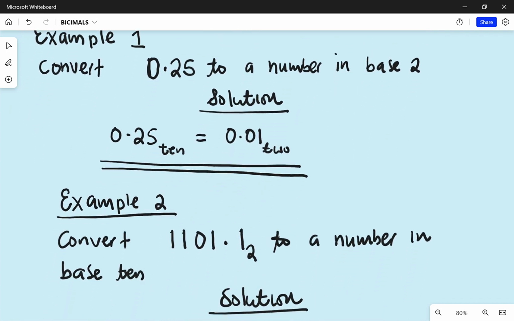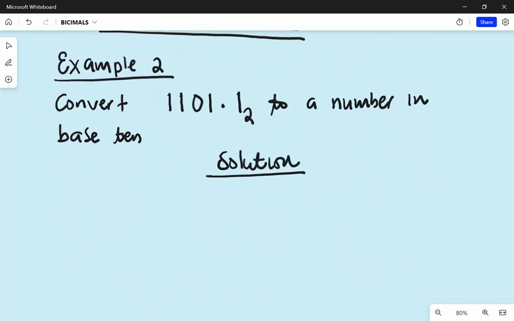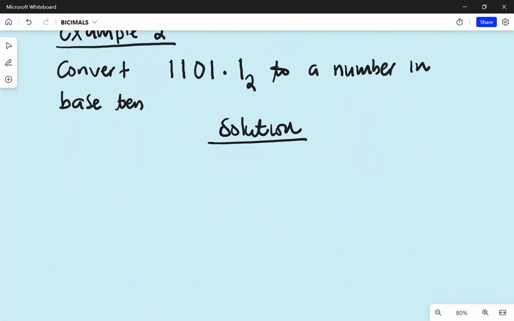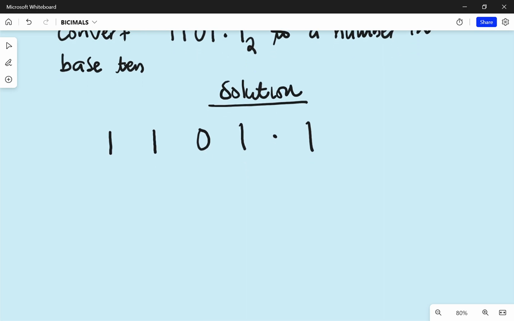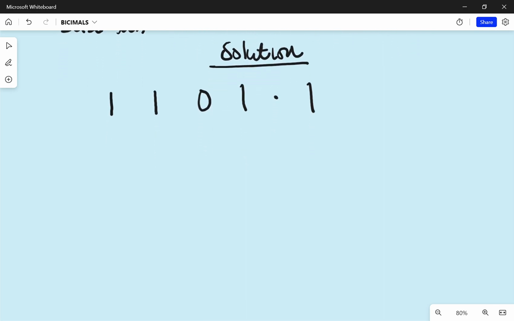In the previous video I did how we can convert the whole part of this base number. So here I'll have 1101.1.